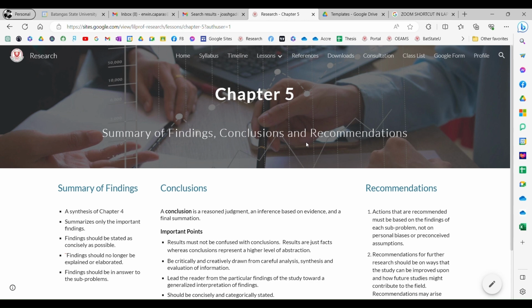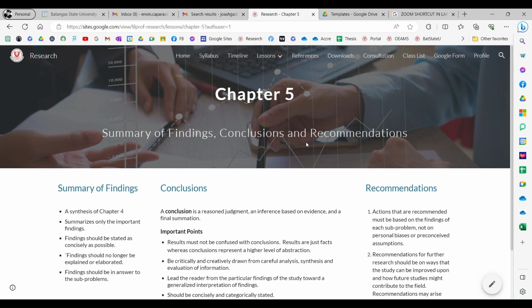The summary of findings summarizes only the important findings. The findings should no longer be explained or elaborated. They should be stated as concisely as possible, in answer to the sub problems.